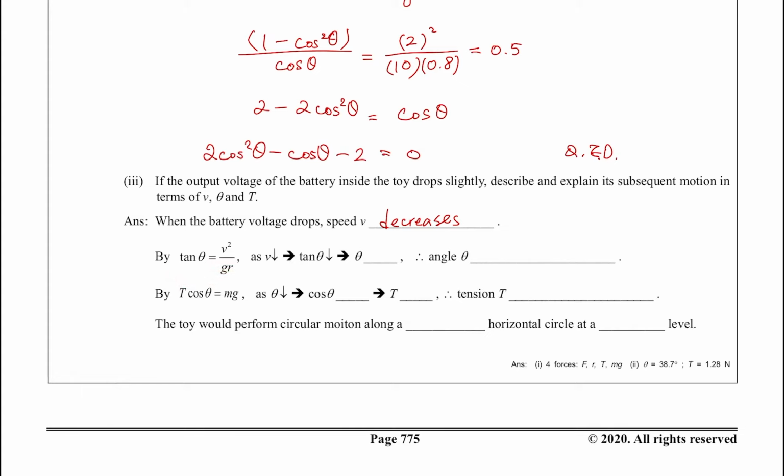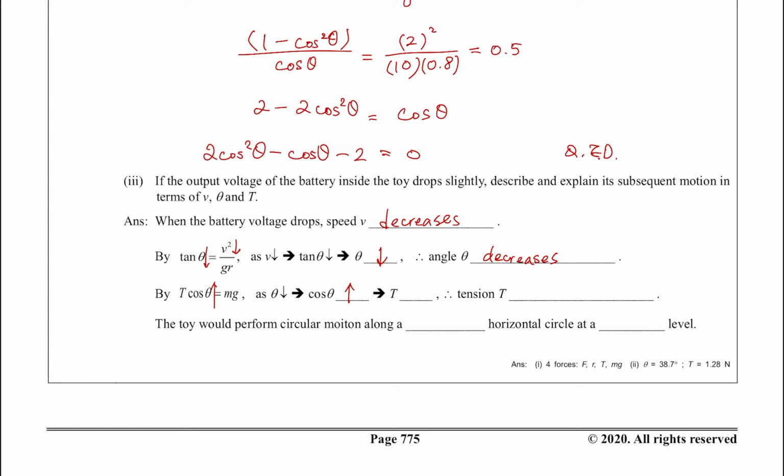We have an equation about the conical pendulum. Tangent theta equals v squared over gr, so v decreases. And so tangent theta would decrease. Left hand side would decrease. So theta would also decrease. And also we have another equation, T cosine theta equals mg. As theta decreases, cosine theta will increase. Here be careful.